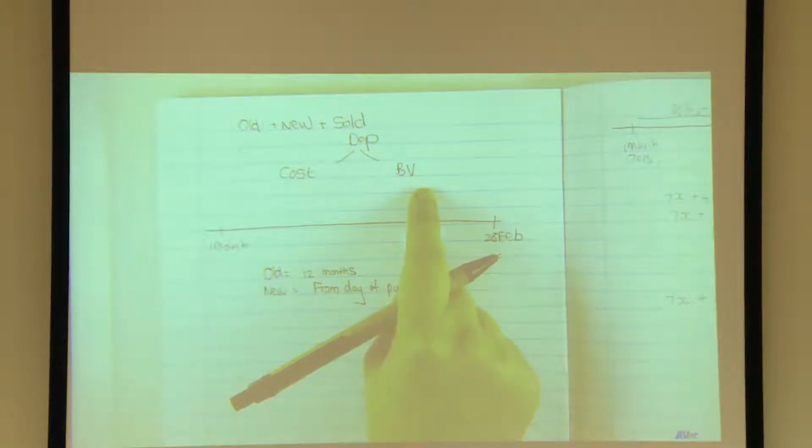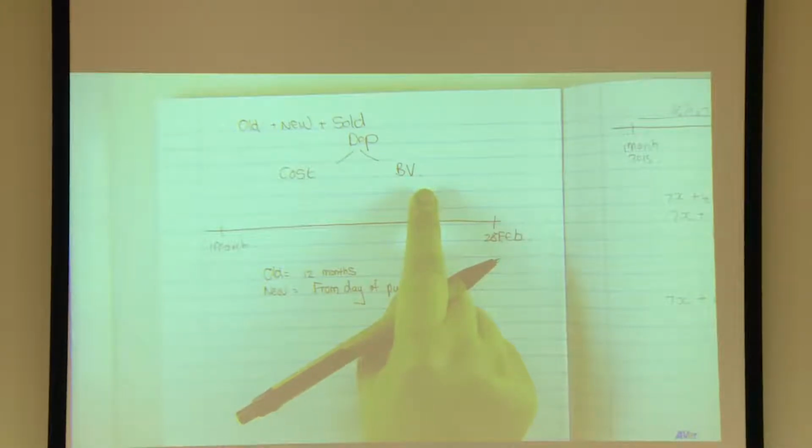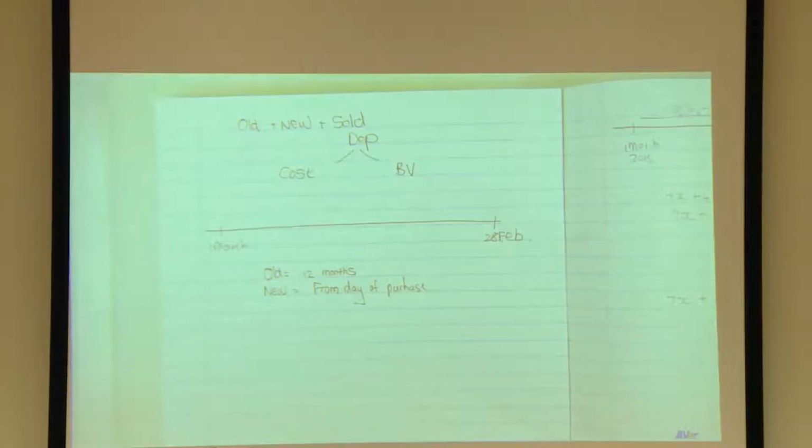Why not? It's true, but I just want to know, do you know why? There's no accumulated depreciation. It's the first time that we are calculating depreciation on that item. So when we calculate on the new, it's irrelevant if it's diminishing or cost. It's from the day we purchased it until the end of the accounting period.